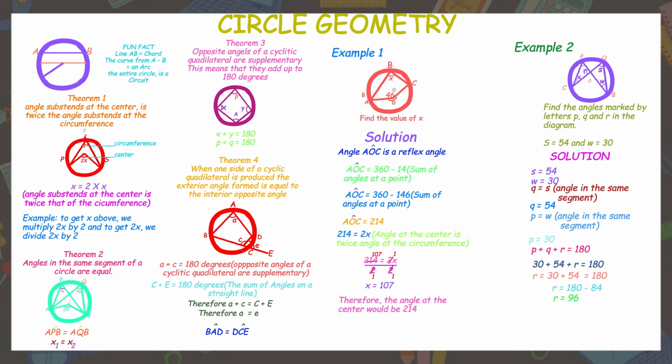That is, subtract 84 from 180. That means we are going to have 96 degrees. Therefore, our P is equal to 30 degrees, our Q is equal to 54 degrees, and our R is equal to 96 degrees.